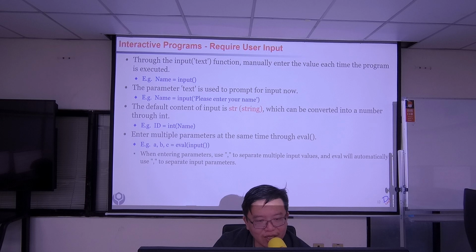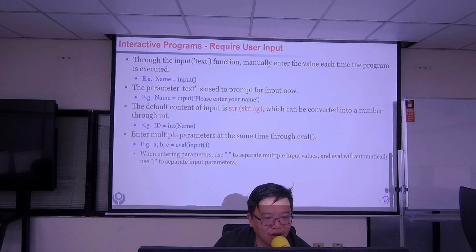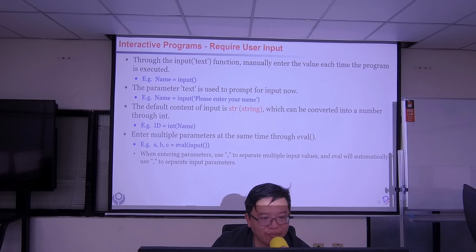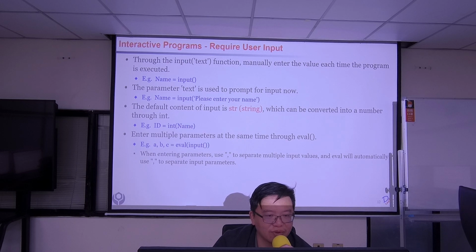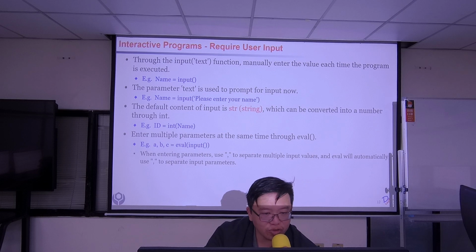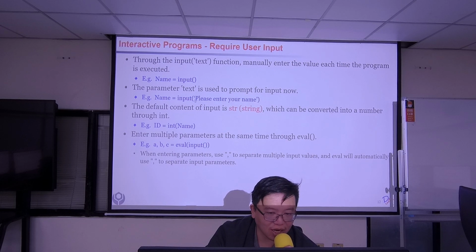Whatever is typed will be the response of this command. Unfortunately, the version of Spyder that we have in this computer lab doesn't allow us to use input. So later on, we need to go to Colab.